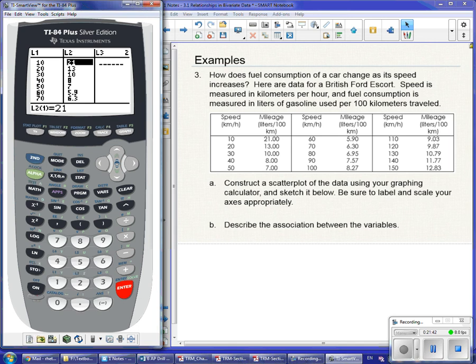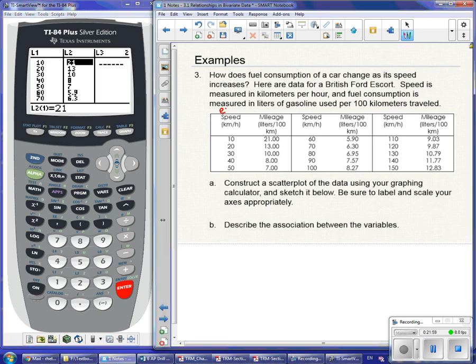One of the things you want to think about when you're entering data is making sure that your explanatory variable is your x variable. Since I would expect speed to explain the gas mileage, speed is my explanatory variable, and I'm going to let mileage be my response. It's important that you label your variables just like we have all along.